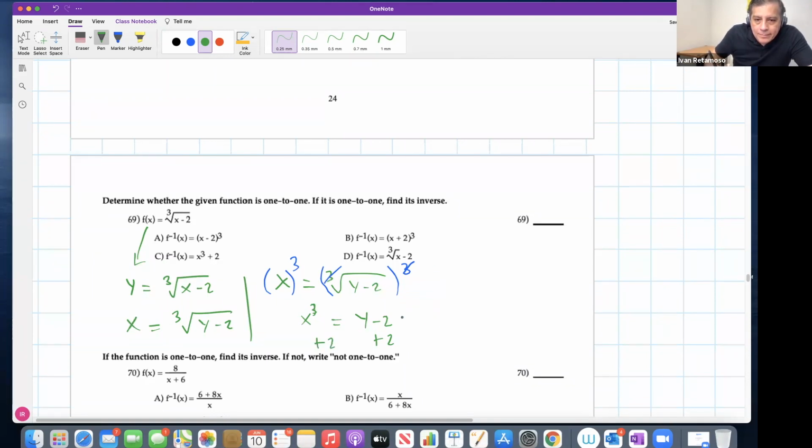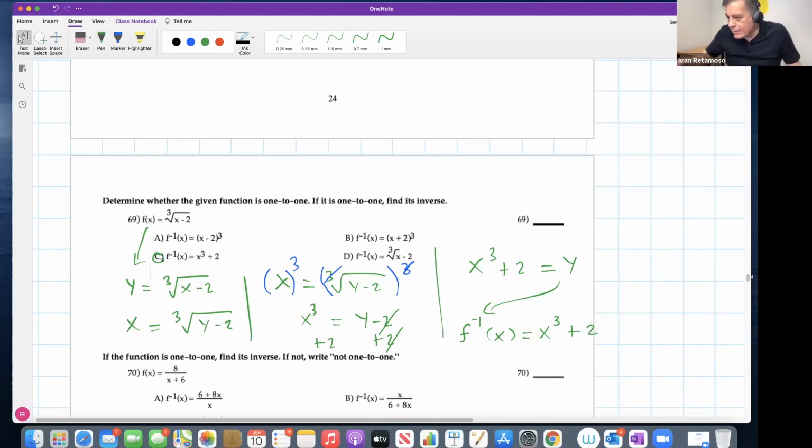So this will be x cubed plus 2 equal y. Last step is simply, instead of y, write f inverse. It's a notational step. So you present your inverse function. There we go, that's for 69.